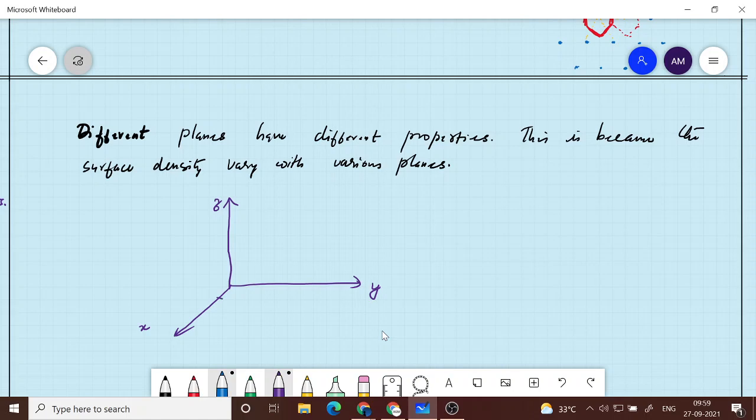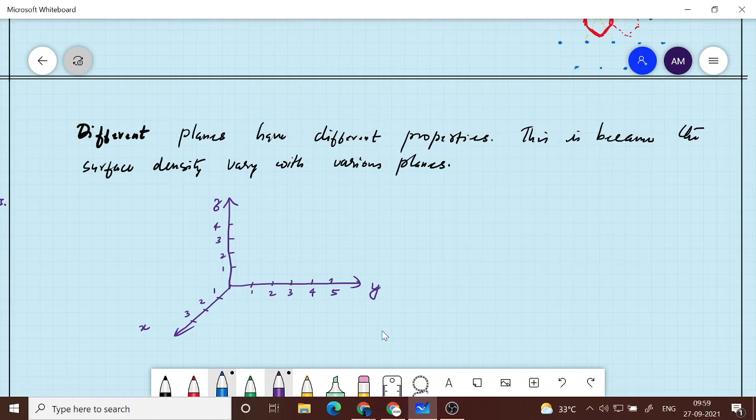So this is like the x-axis, then 2, 3, 4, 5, y-axis, 2, 3, 4, and z-axis, 1, 2, 3.